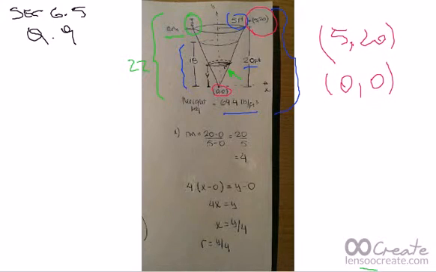Having that information, I plugged this in to first find my slope, and I figured out it was 4. Using that, I found the equation for this line, and that was x equals y divided by 4.